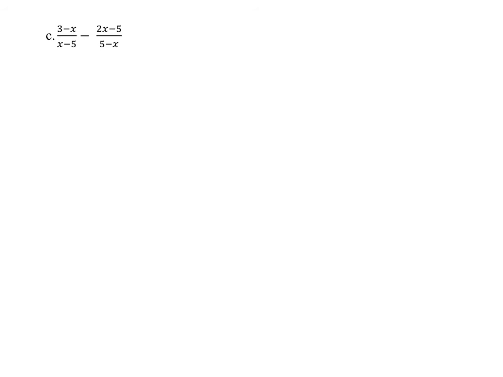Alrighty then. This one is fun because what do I notice about this second fraction compared to the first one? Look at your denominators. They're the same terms, but flipped. So I'm going to do a little trick on this one, because if I do a trick, it'll minimize my work. Keep the first guy the same.